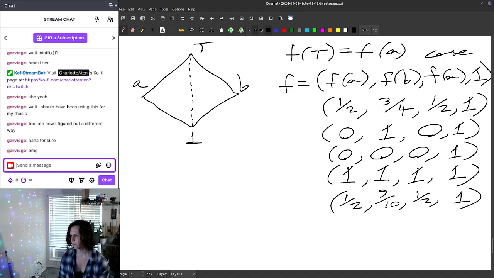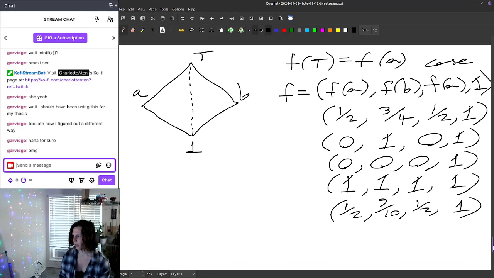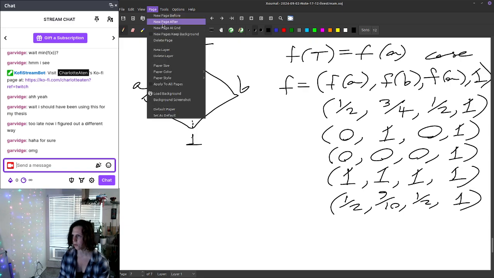All right. So, that's the f of t equals f of a case, and then similarly there would be the f of t equals f of b case, and so maybe looking at that will be illuminating as well.